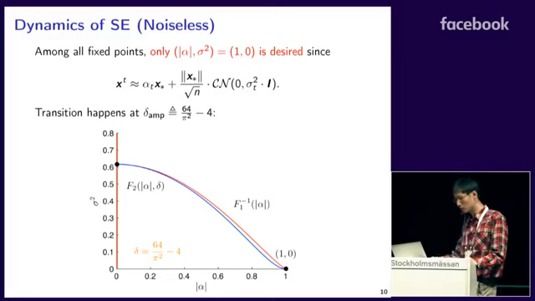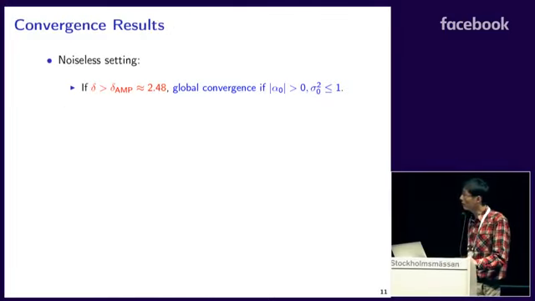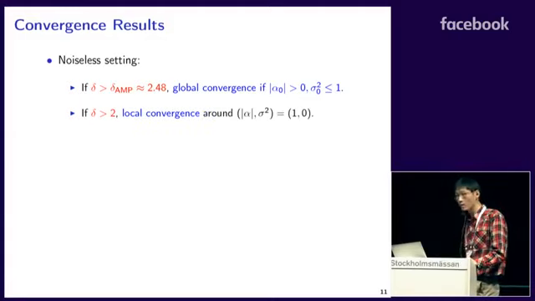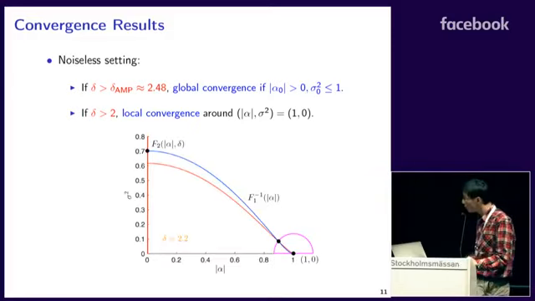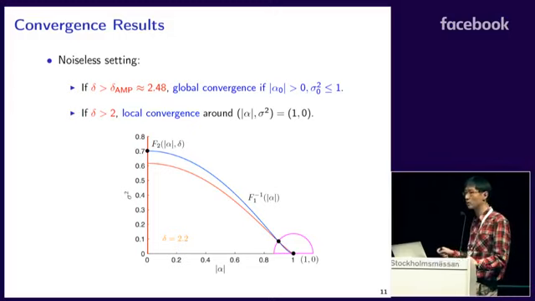So to conclude, our convergence results for the state evolution are the following. In the noisy setting, if delta is bigger than the critical value, which is about 2.48, then we have global convergence if the initial alpha 0 is bigger than 1 and sigma 0 squared is smaller than 1. If delta is only bigger than 2, we can have local convergence around 1, 0. That is, if we initialize within the purple curve, then we're able to converge to 1, 0.